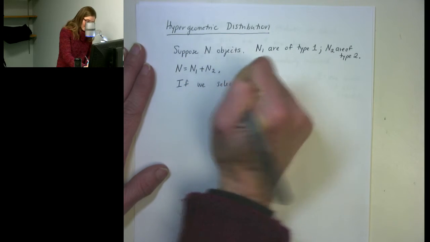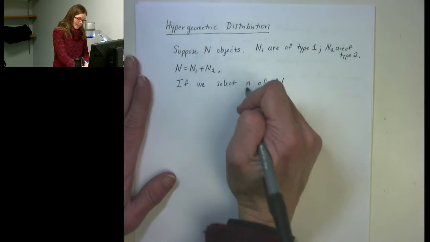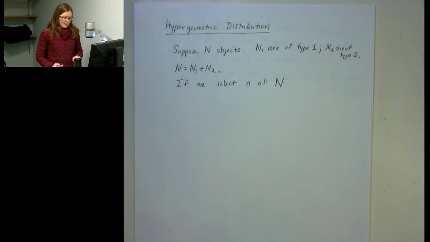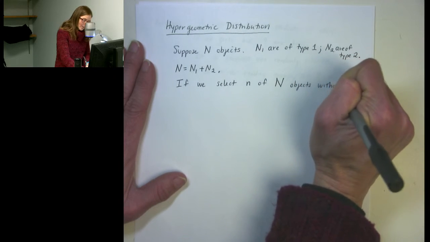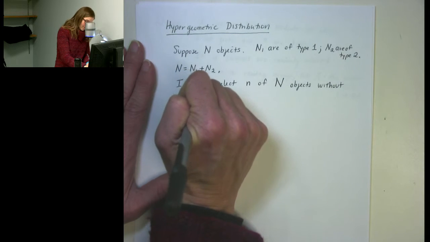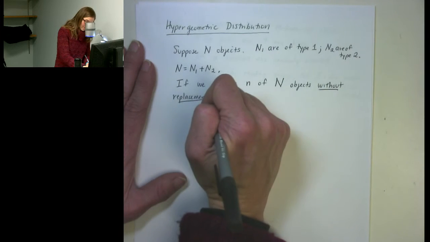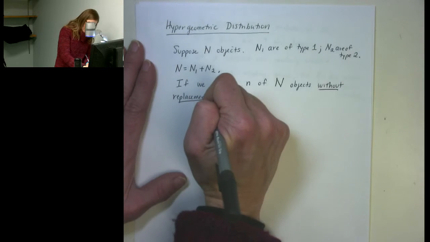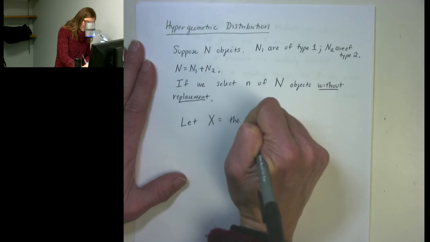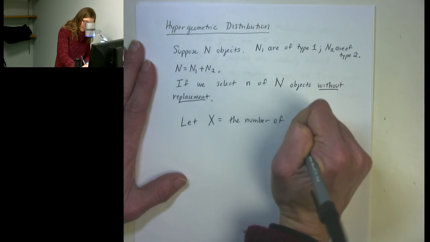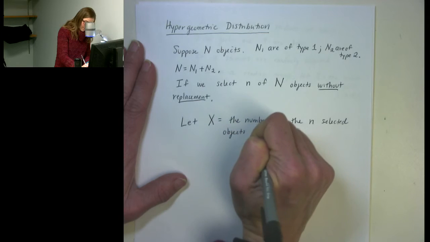If we select n of the capital N objects, so little n is the size of the group that we're going to select, and we select them without replacement, then we're going to let x be the number of the n selected objects that are of type 1.